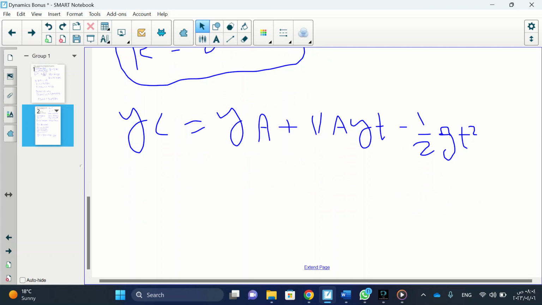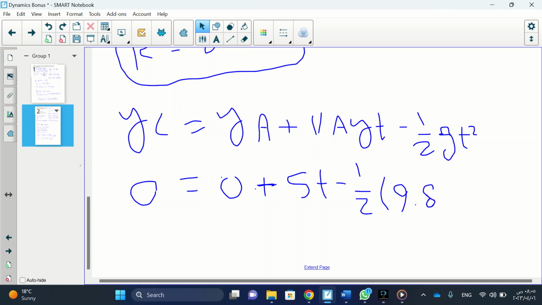So we said already that YC is equal to 0 and YA is equal to 0 plus VAY times T. VAY, which was 5 meters per second, times T, we don't know T, minus half times 9.81 times T square.